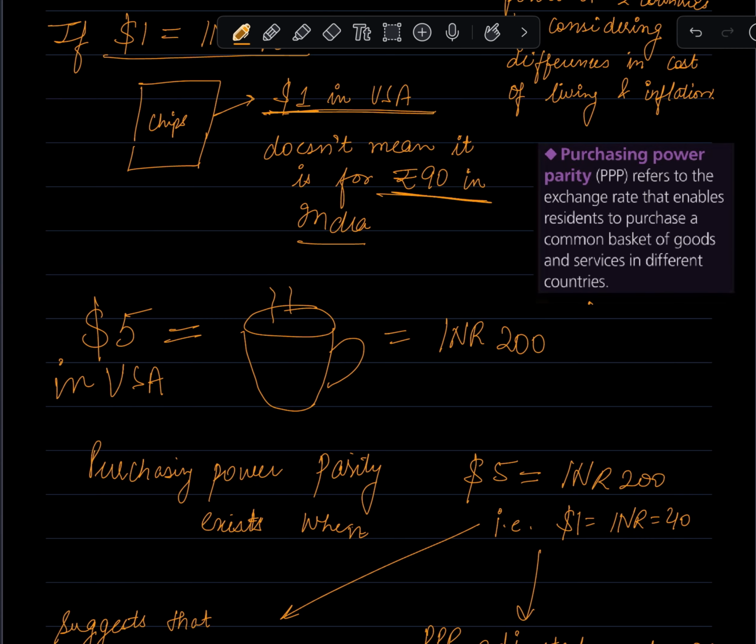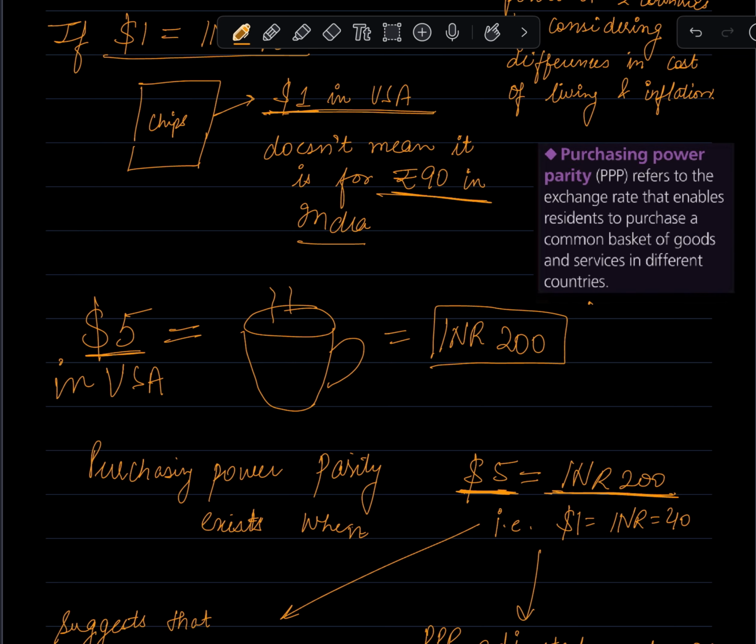Purchasing power parity says, let's suppose this is a cup of cappuccino. It can be bought in USA with $5, whereas it can be bought in India for INR 200. Purchasing power parity says keep these two values same and you will get to know the cost of living of that country compared to other country. That means $5 is equal to 200 Indian rupees, because with these amounts we can buy the same goods and services.